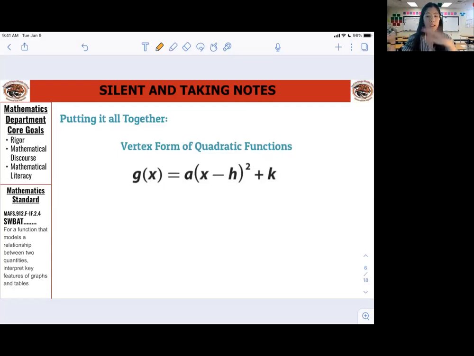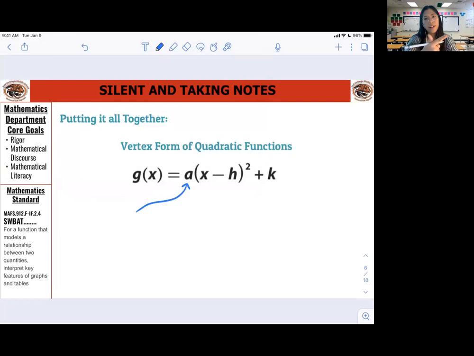But guys, y'all are freaking out for no reason because you already know what each of these things does. What does A do again? If I change the value of A, what happens? It stretches. What else can happen? Vertical compression.